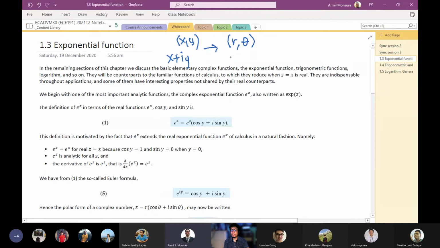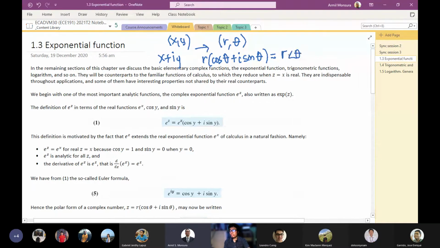This now takes the form r cosine theta plus i sine theta, which has the shorthand notation r angle theta.